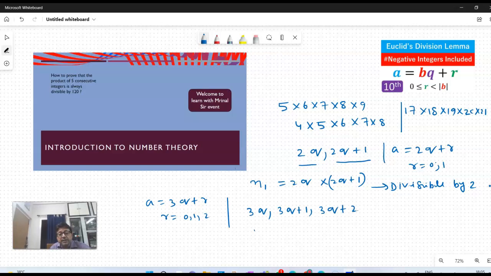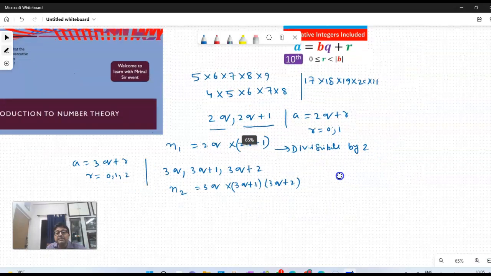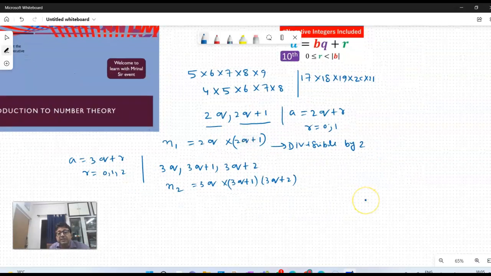So if we consider the product of 3 consecutive integers, it comes to be 3q, 3q plus 1, 3q plus 2. So what about the product here? This product is always divisible by 3.